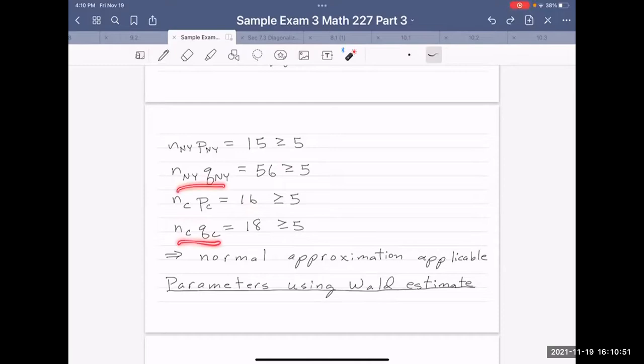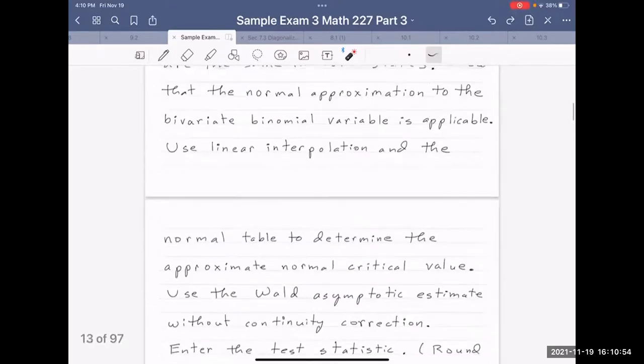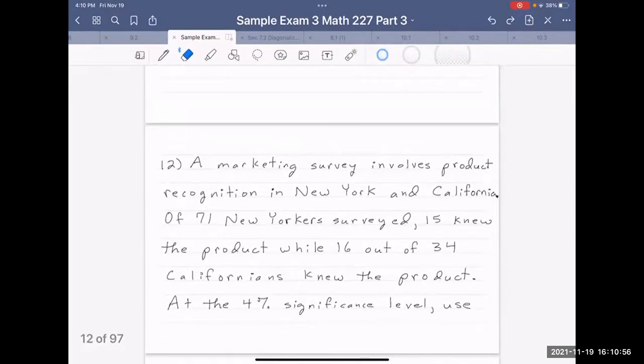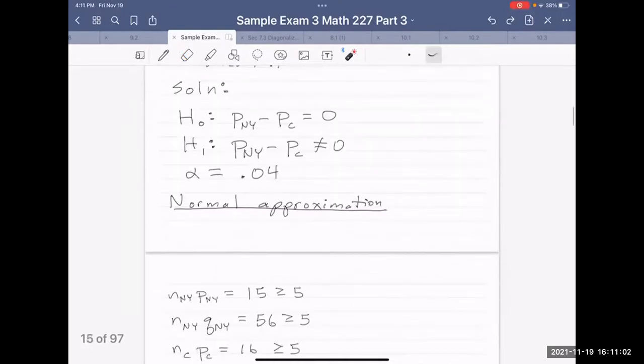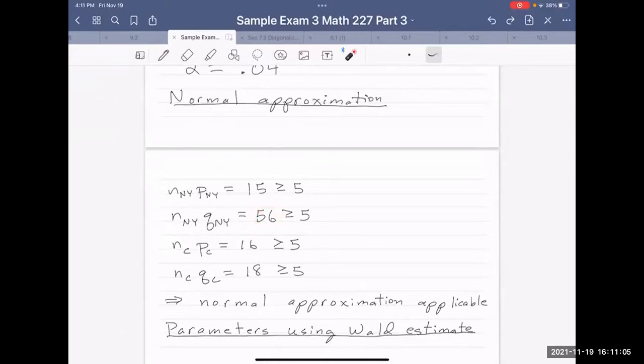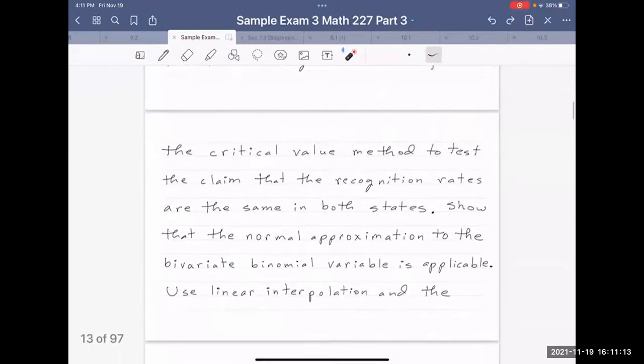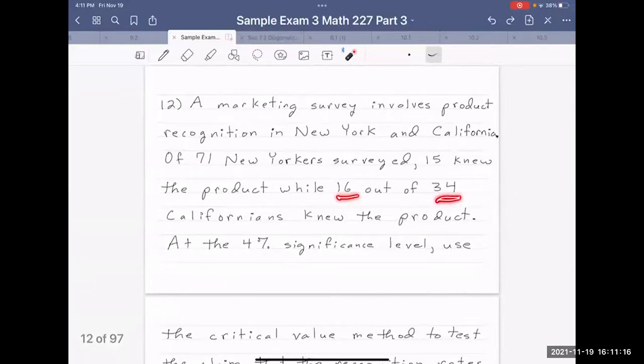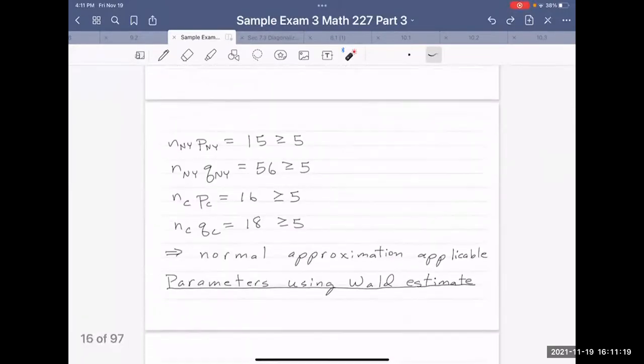N times q, well, if 15 knew the product out of 71, then 56 did not know the product. And let's look at n times q for California. So 16 knew the product out of 34, then 18 did not. So for each of these, np and nq are all greater than 5. Therefore, the normal approximation is applicable.